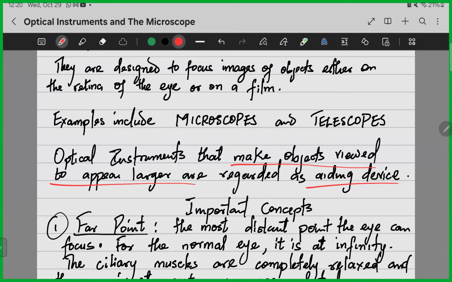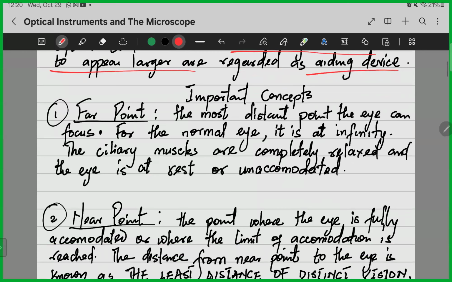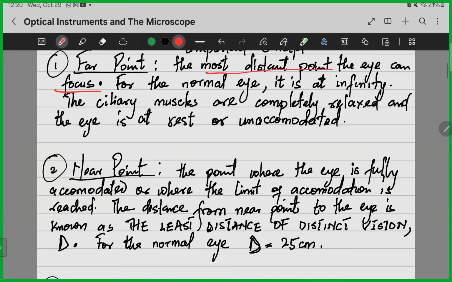Then we started talking about important concepts like the far point, the most distant point where the eye can focus. And then we mentioned the near point, the point where we have full accommodation, or the limit of accommodation.